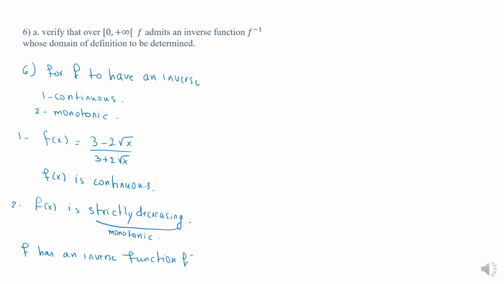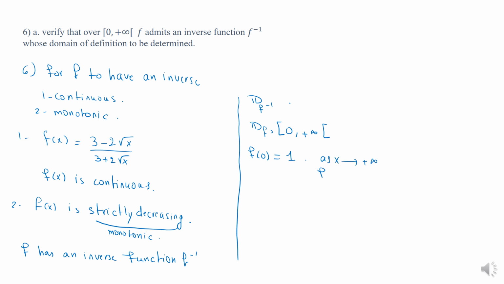f minus 1. Now, as for the domain of f minus 1, the domain of f is 0 plus infinity. We have f of 0 is equal to 1, and as x tends to plus infinity, f of x tends to negative 1.